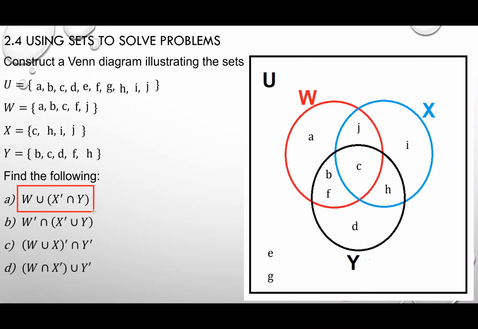So for me, ladies and gentlemen, remember what I told you in the beginning of class. If you have a union, you just combine your regions together. The union is the word or, either one item or the other item.